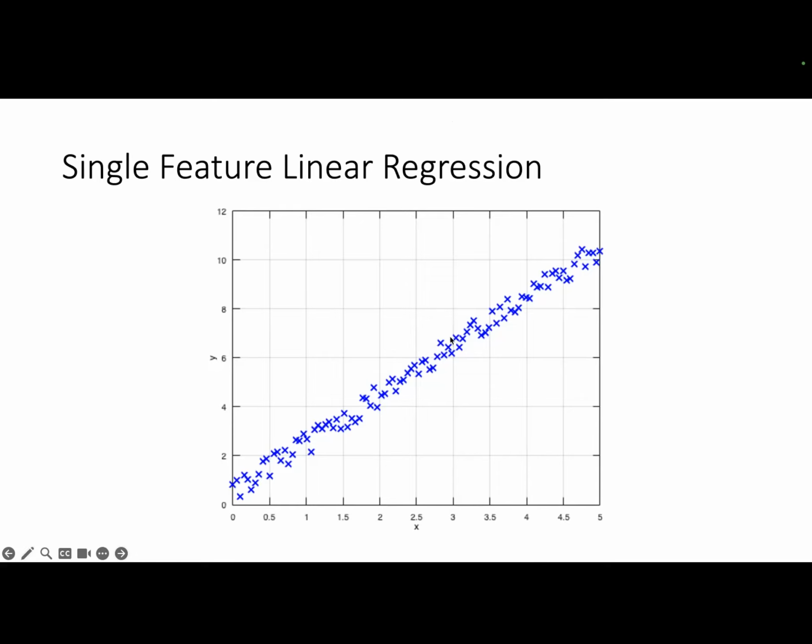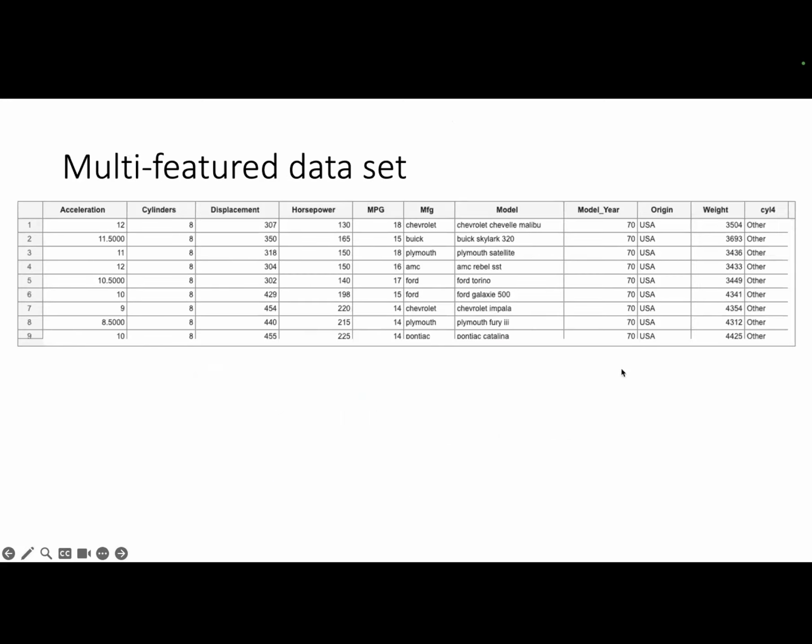Of course, I mean, overkill naman kung gagamitin nyo lang ang machine learning para sa linear regression, di ba? So, in some cases, okay, yung output ay nagde-depend sa maraming features. Okay? So, for example, itong dataset na to is a multi-feature data set.